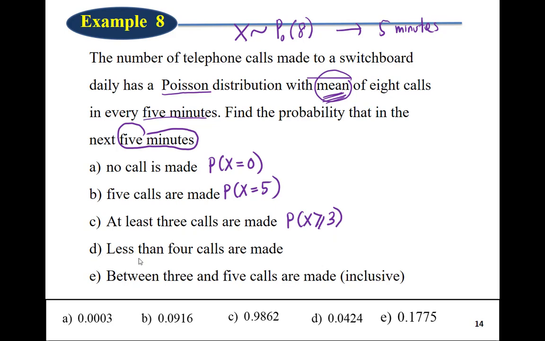Question D, less than 4 calls are made. So probability x less than 4. Question E, between 3 and 5 inclusive. Between means inclusive, so we are going to include both 3 and 5.